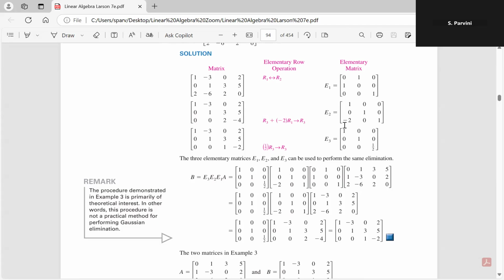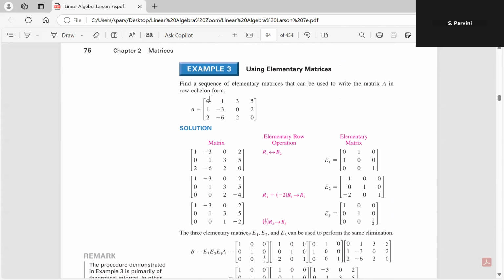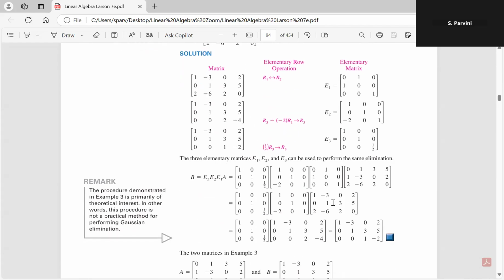E3 times E2 times E1 times the original A, not this one, the original A. And he multiplies, we use software, he probably used the same thing. So he multiplied this one times this one. Here's the result. This one times the one next to it, here's the result. This one times next to it, this is the final result.